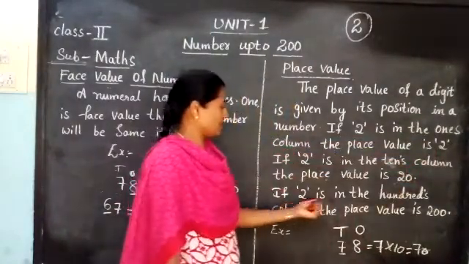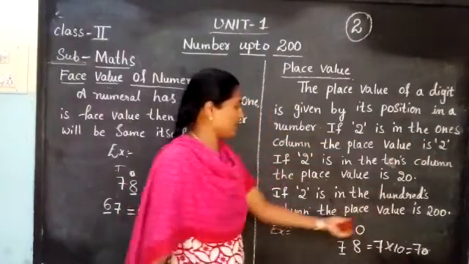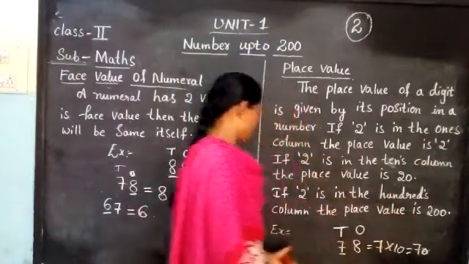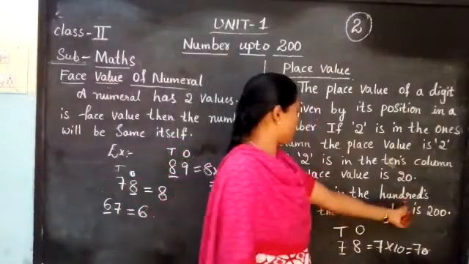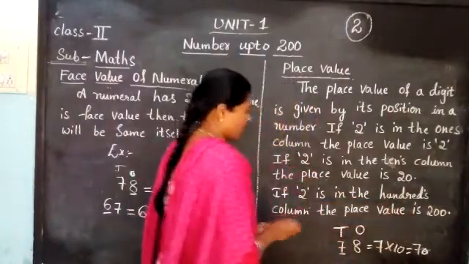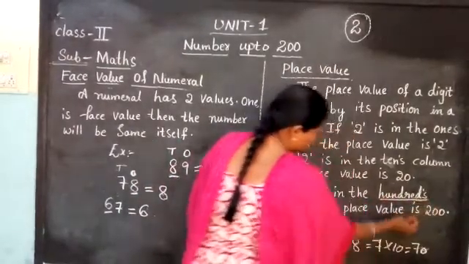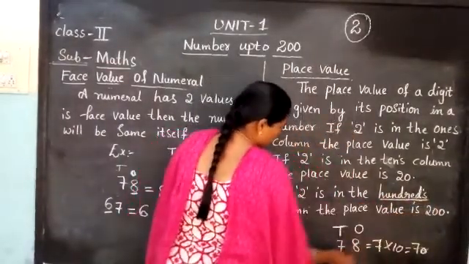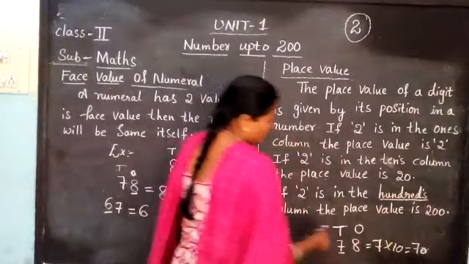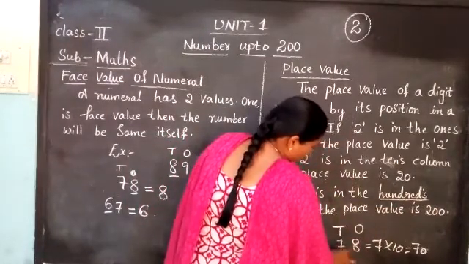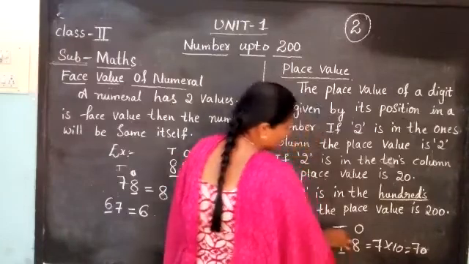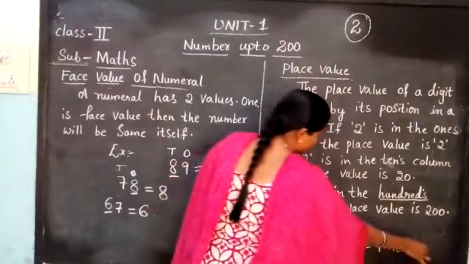Again, if 2 is in the hundreds column, the place value is 200. Why? Because 200 means 2 into 100. We are taking the hundreds place here. Example, number 78 I took. Underline the number 7. 7 is in which place? Tens. 7 into 10, 70.